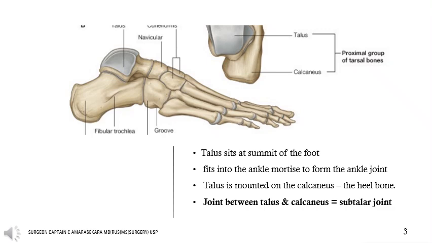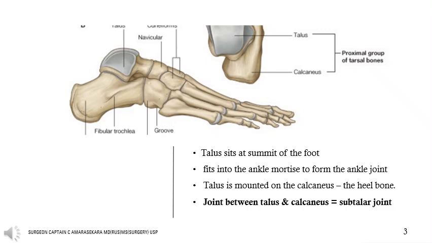Together they form the subtalar joint, which allows inversion and eversion of the foot. This joint is essential for adapting to uneven terrain and maintaining balance. When you are walking over uneven terrain, this joint makes adaptations.